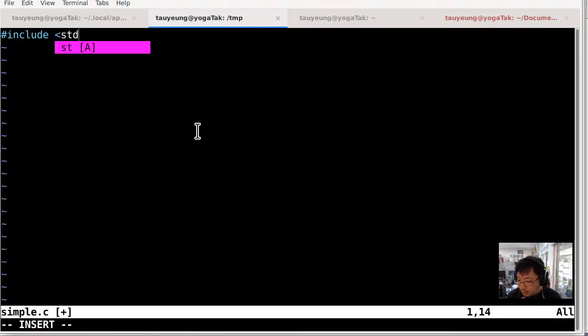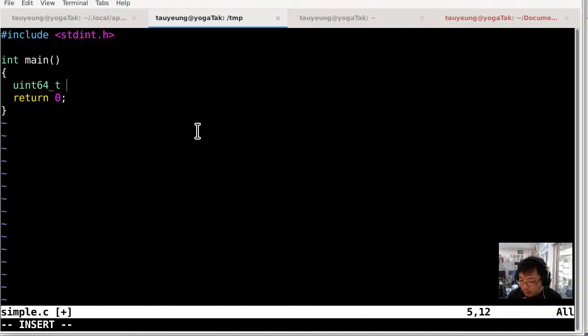So #include stdint.h. By now you should know what standard integer.h is. It gives us all the types where I can specifically ask for integers of a particular bit width. And the program itself, we've got return 0 all the way at the end. And I'm just going to say uint64_t. This is an unsigned 64-bit integer.